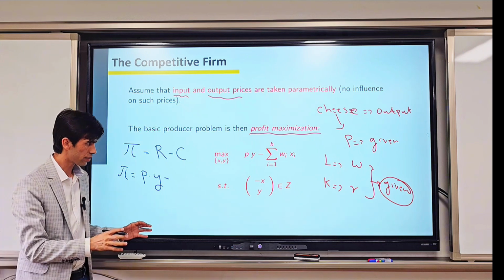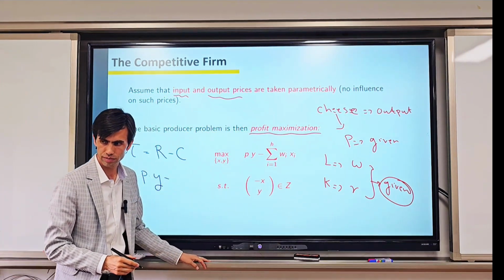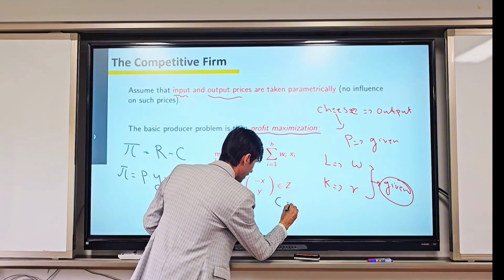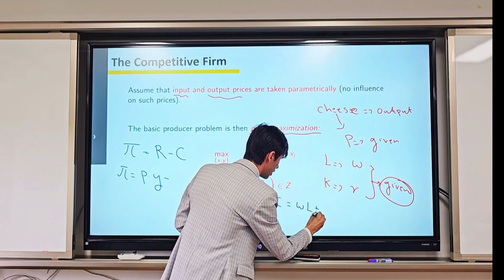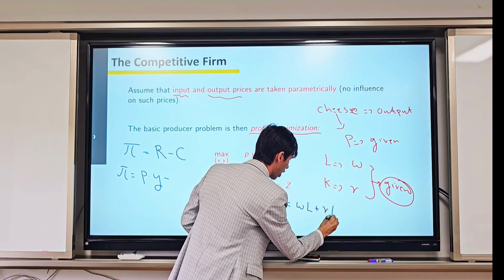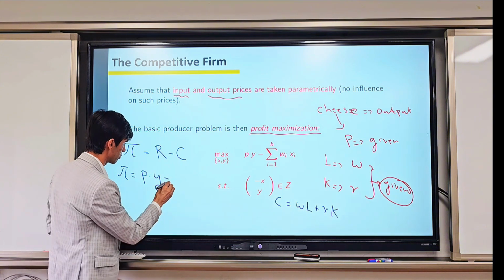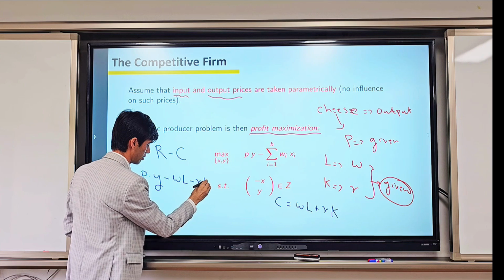The cost comes from your labor and capital combination. So the cost is equal to W multiplied by L plus R multiplied by K. Then here it's a negative sign, this is minus WL minus RK.